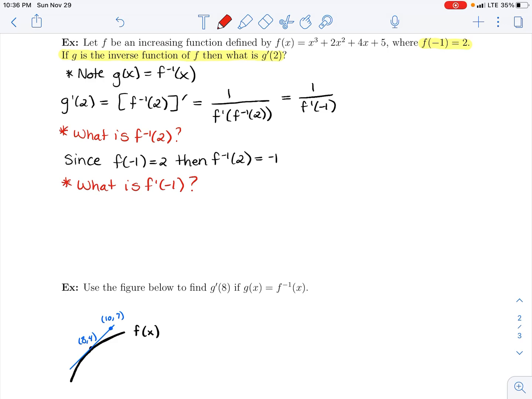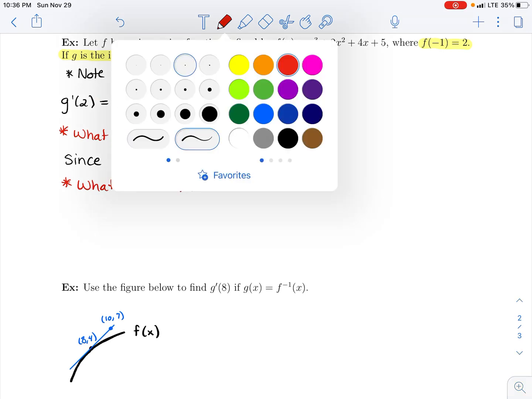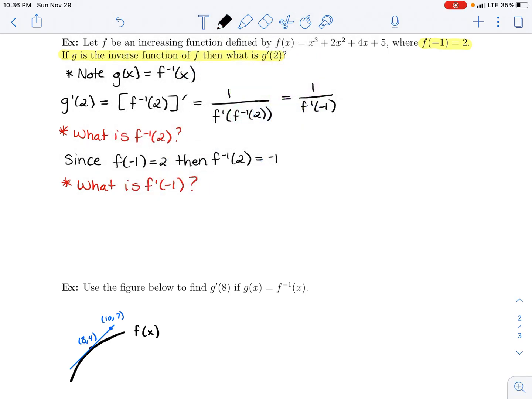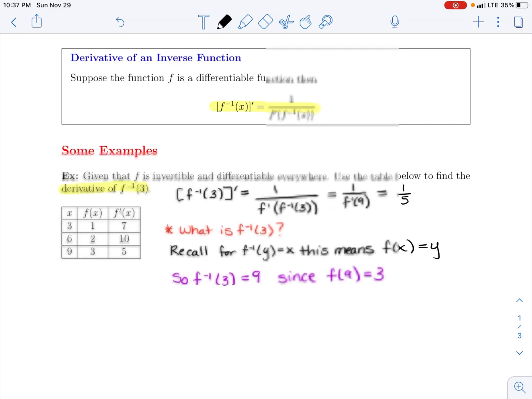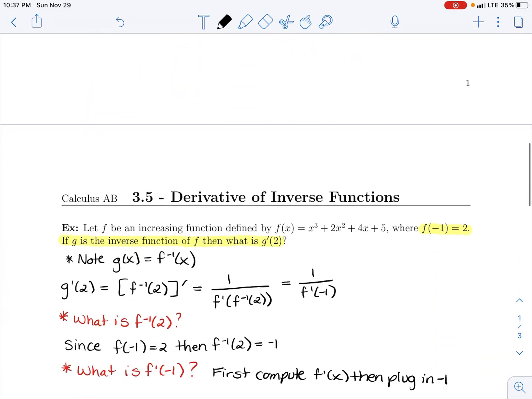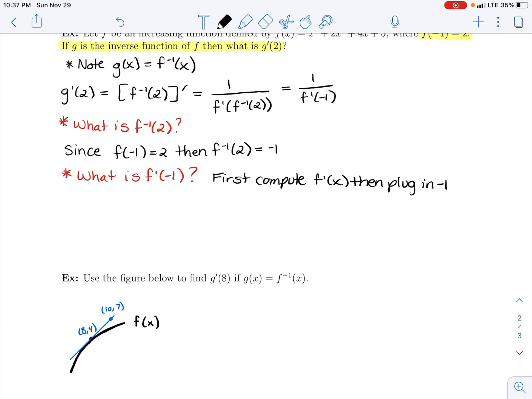Well, first we would compute the derivative function and then plug in -1, right? So here I'm just going to compute f prime. Oops, sorry. Then plug in -1.